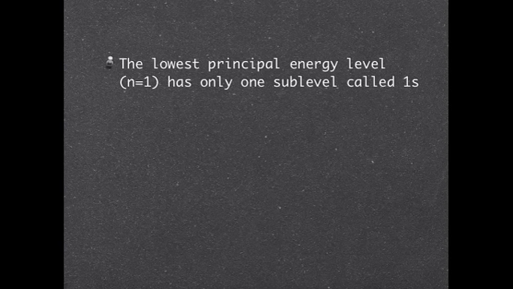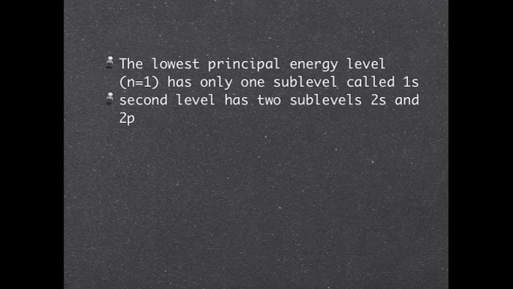And so the way that we indicate this in science is we write 1s, which stands for the first level, s sub-level. If we go to the second level, there's actually 2 sub-levels. There's the s and the p. Or in my hotel analogy, on the second floor there are 2 rooms, S room and P room. And so you've got 2s and 2p.